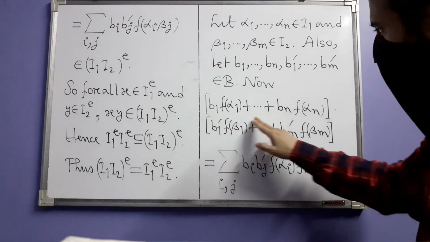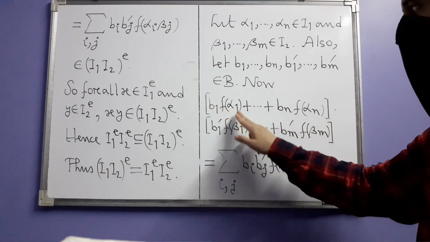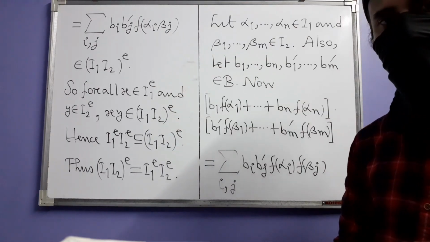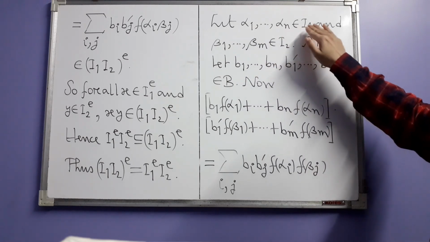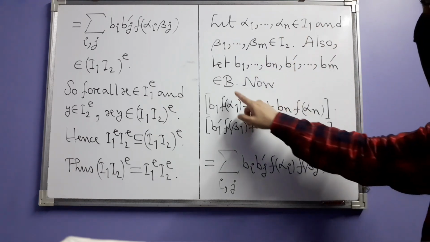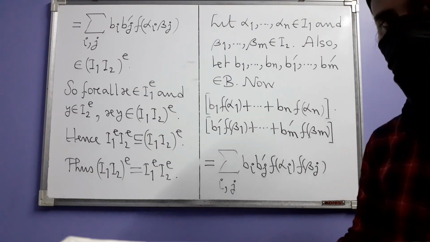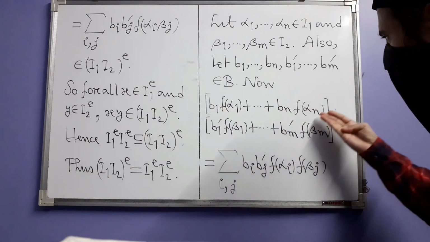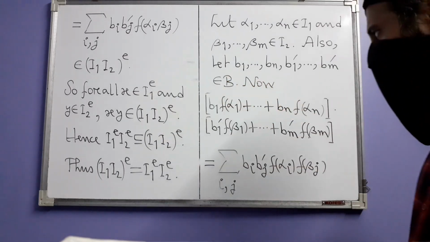What can you say about this single sum? This is how a general element of I1 extension looks. Why? Because these alpha i's were arbitrary elements chosen from I1 and the b_i's are chosen from the ring B. So here you are actually looking at an arbitrary element of I1 extension.